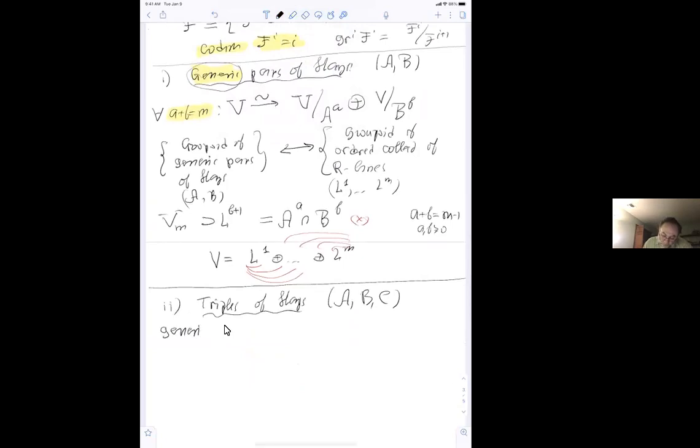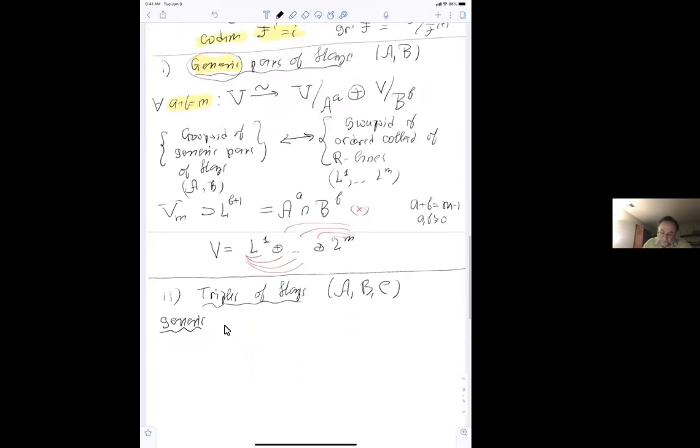So when we say generic triple of flags, we mean the following, that for any three numbers a, b, and c, such that their sum as before is m, and a, b, and c are non-negative, we have the induced map now to three spaces, to V divided by the codimension a subspace of the first flag, plus V divided by the codimension b subspace of the second flag, and V divided by the codimension c subspace of the third flag, and this must be an isomorphism. So that's a condition. And this means generic. Generic means that this natural map is an isomorphism.